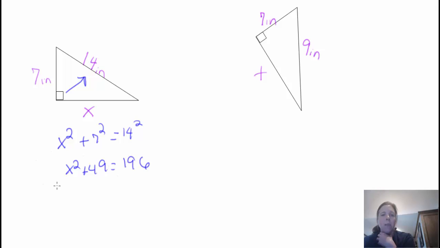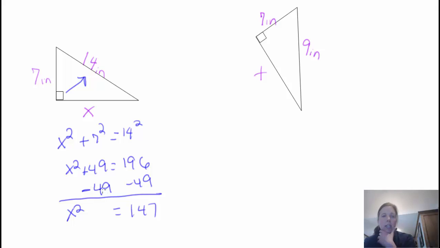Okay, so now this becomes an equation like we've done before. You have to solve, remember I said those equations solving for x will never go away. So subtract 49. So x squared equals 196 minus 49, which is 147.